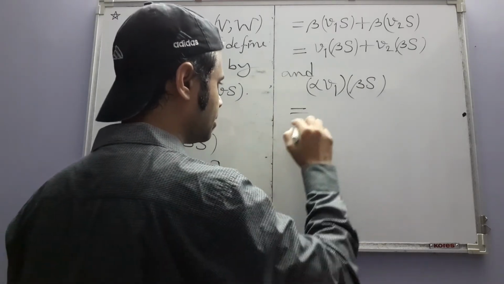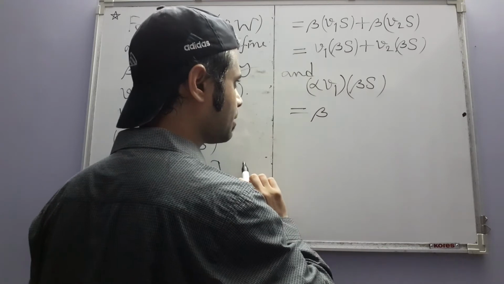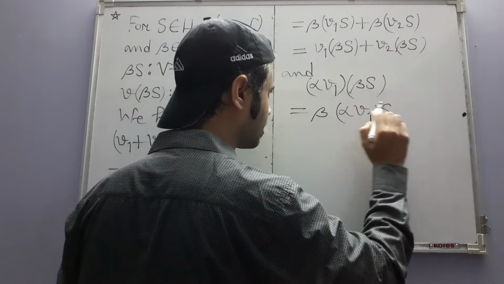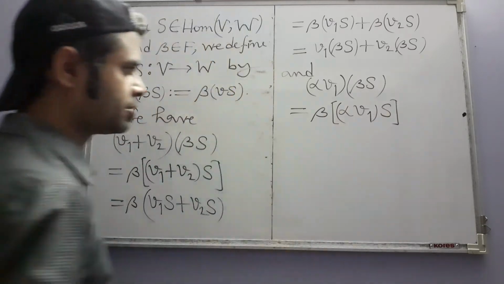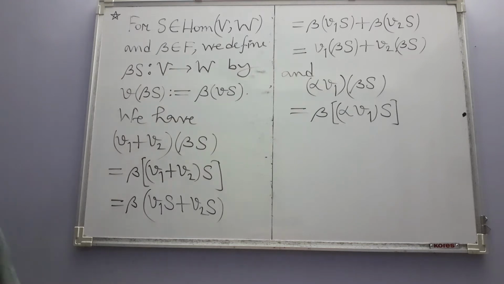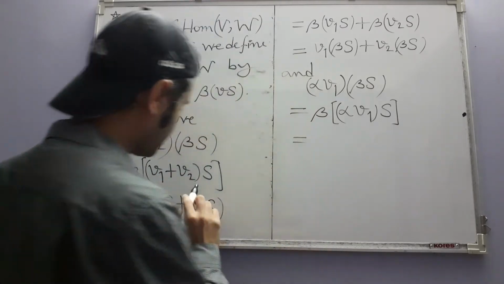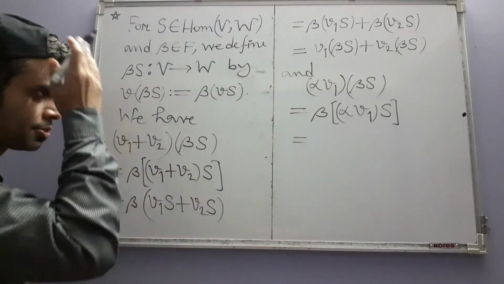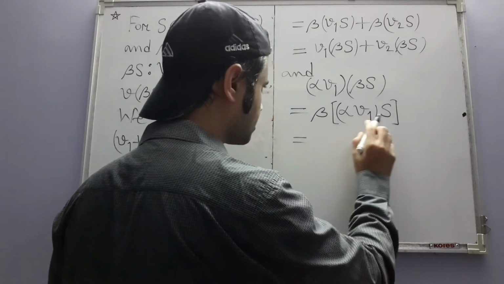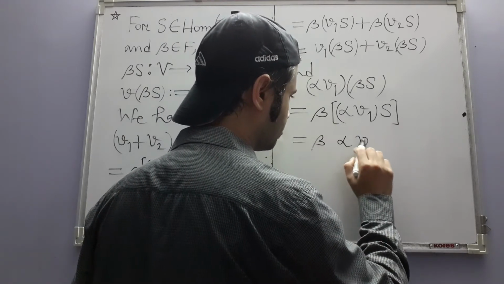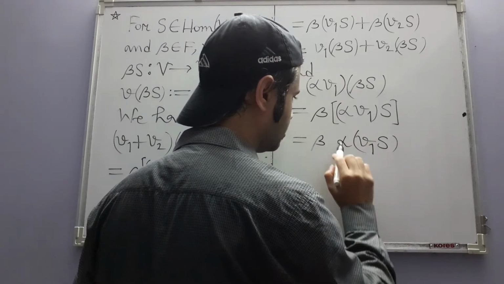Using that definition, what we have is this: beta comes outside, and on alpha v1, on this vector, we are applying the homomorphism S. Okay, and now again, just like here, we use the fact that S is a homomorphism, so it respects addition. So now S is going to respect scalar multiplication. So we can write like this.